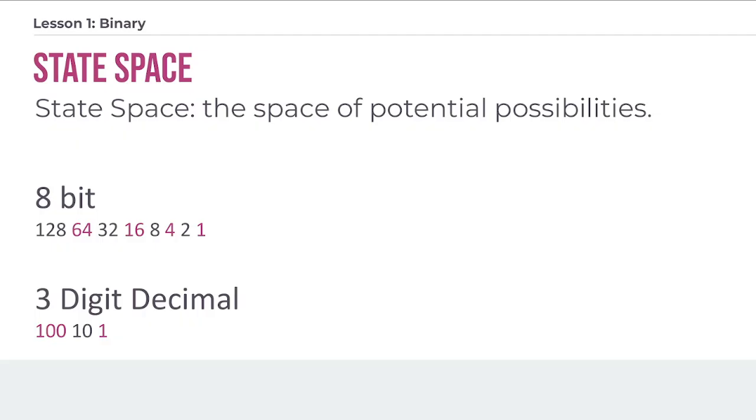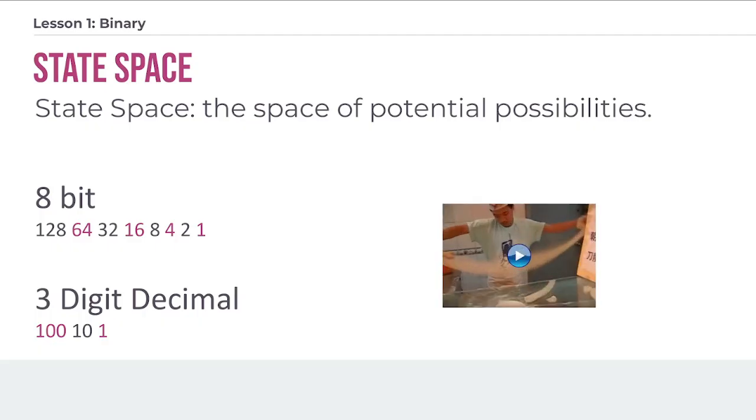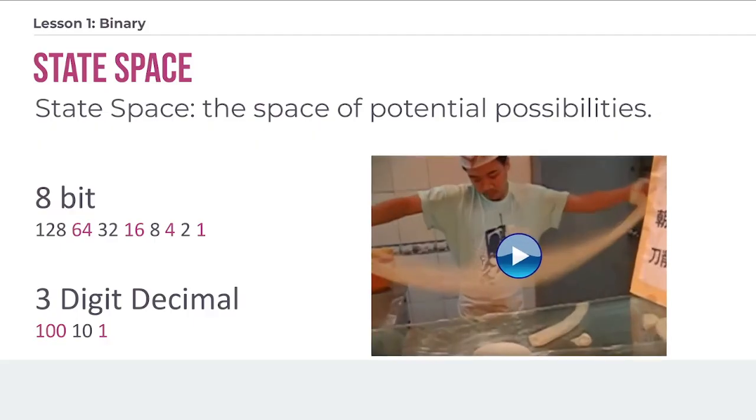I'm pretty sure they had this one on Sesame Street too, where this guy makes noodles and he folds them by hand. Like, he's an artisan. The reason that that is shown, the reason why that has any bearing on this lesson at all, is that the state space refers to the potential number of noodles that he could make every time he folds the existing noodles in half, okay? And that's a pretty cool relationship.